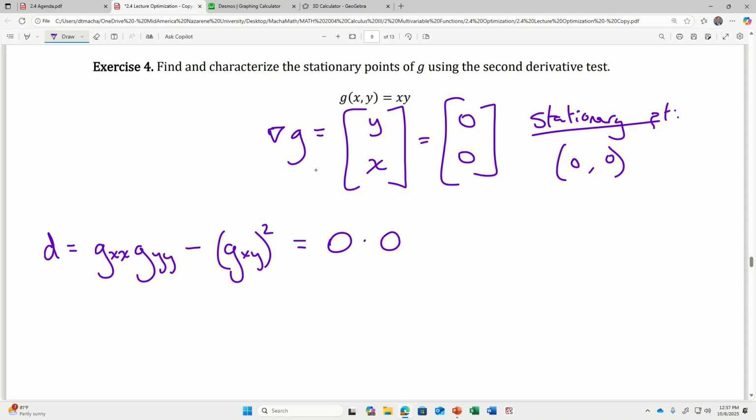What is the mixed partial derivative with respect to x and y? 1. So 0 times 0 minus 1 squared is negative 1. So once again, my d value is negative. And again, if that's negative, our second derivative test tells us we've got a saddle point.